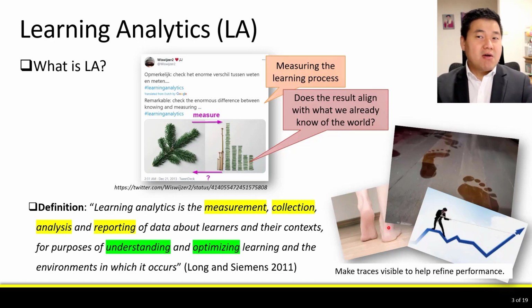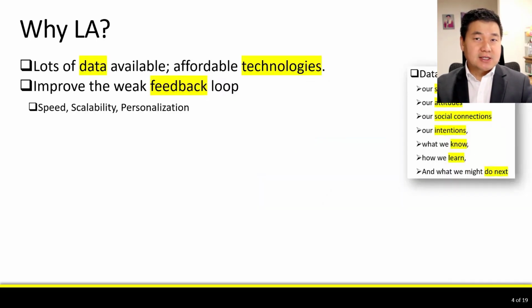The question here is, how are you going to make these traces visible? And that is what learning analytics can do very well. We basically define the metrics to measure learning, and then we can capture the learning process by using these metrics. We can now provide feedback to students and educators so they can refine their performance accordingly. And that is the whole purpose of learning analytics.